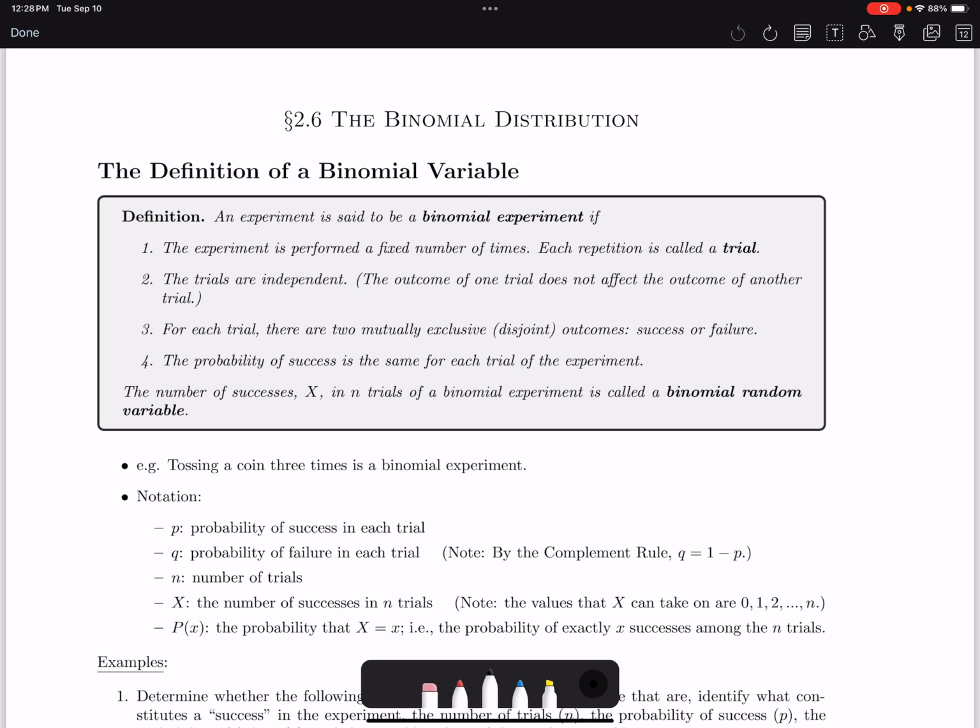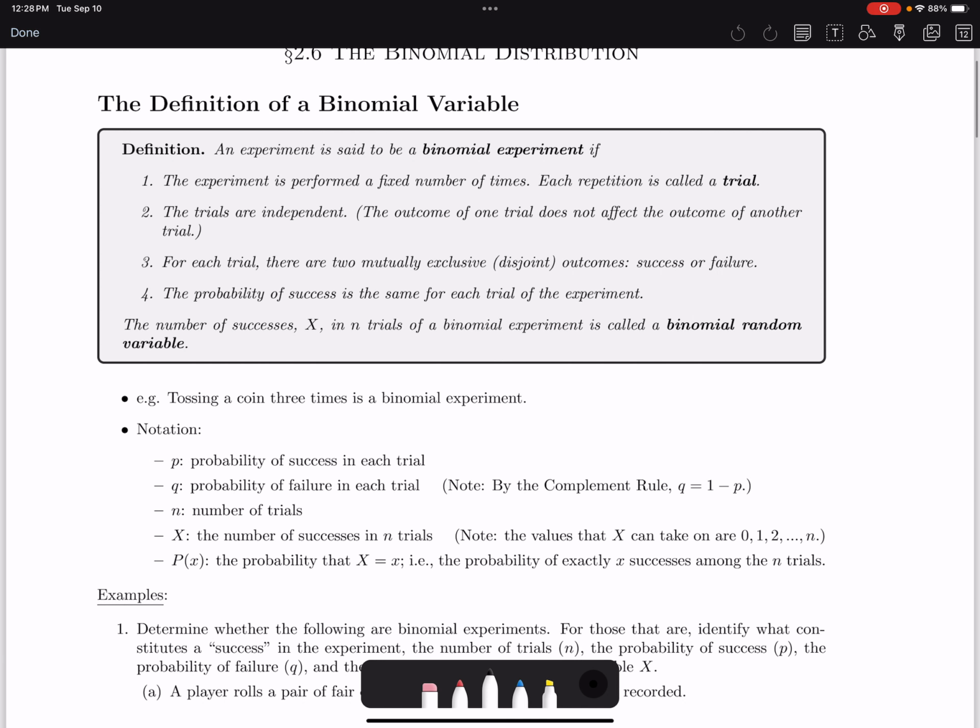If that's the case, then X is a binomial variable. So, for example, tossing a coin 3 times is a binomial experiment. If we count up the number of times we flip heads or the number of times we flip tails or something like that, then we have a binomial random variable on our hands.